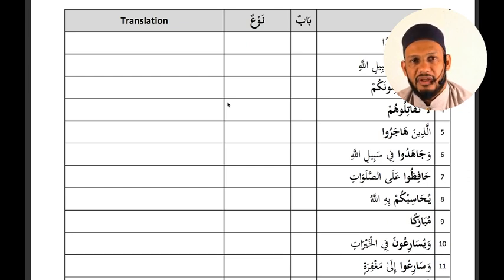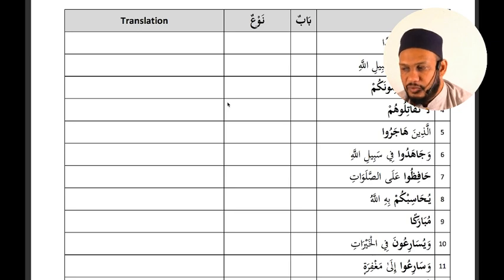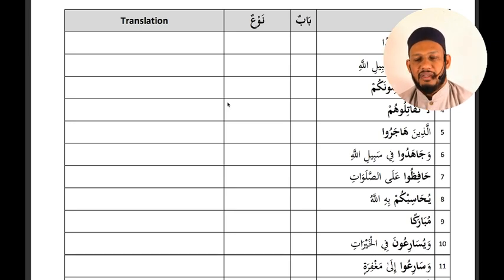For many people, fa'ilu. So this is fa'ilu, hafidhu. So number 7 is going to be an amr. Hafidhu means all of you preserve, all of you protect. Ala salawati, guard the prayers.